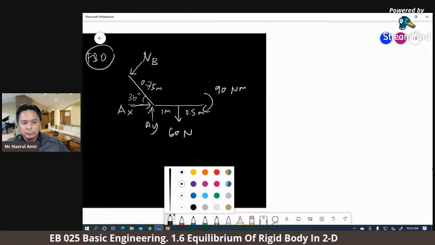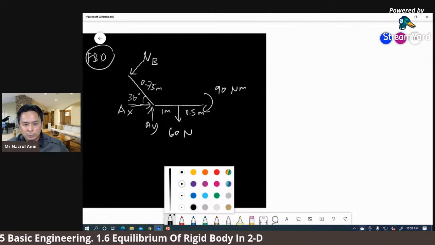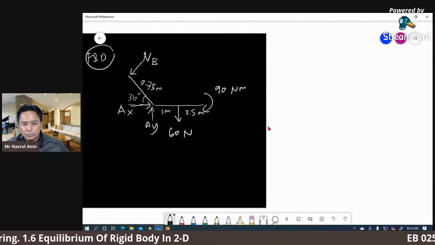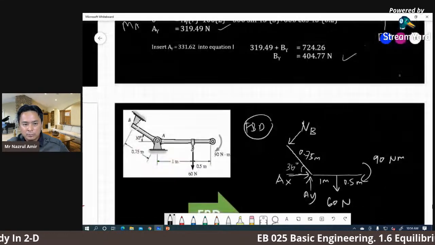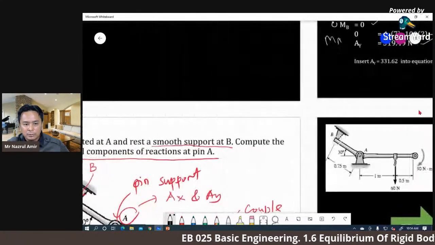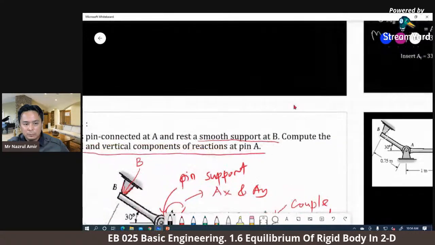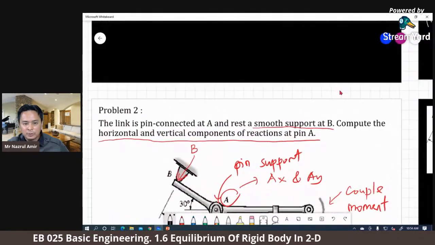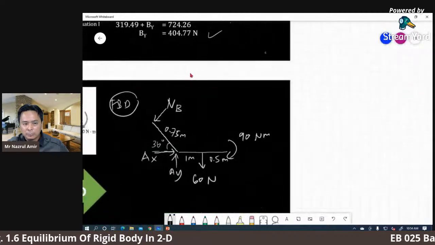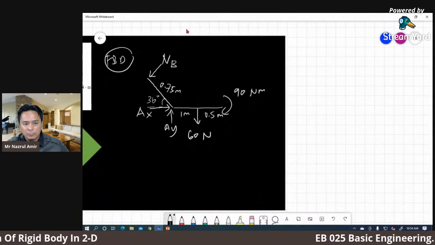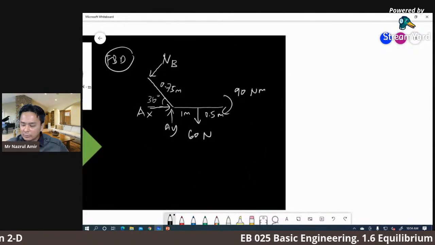Okay, start with, no, wait, what the question one? I didn't read the question. Compute the horizontal and vertical component of reaction at pin A, okay? So we need to find AX and AY.